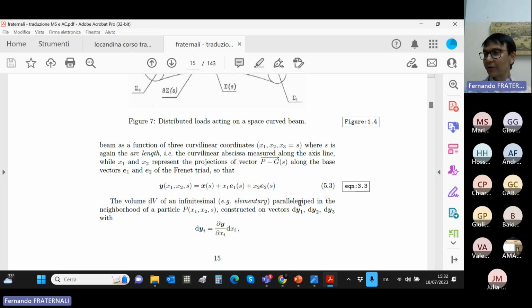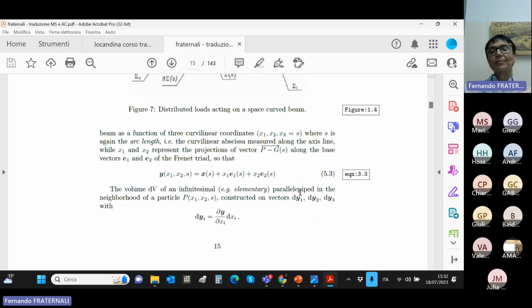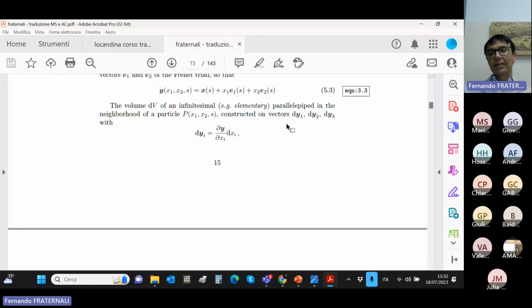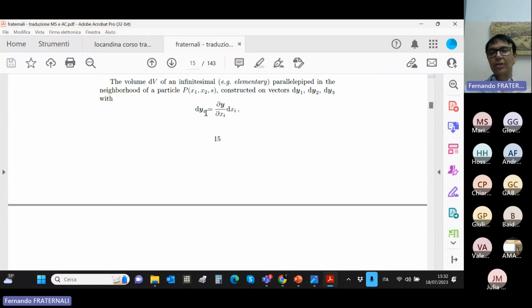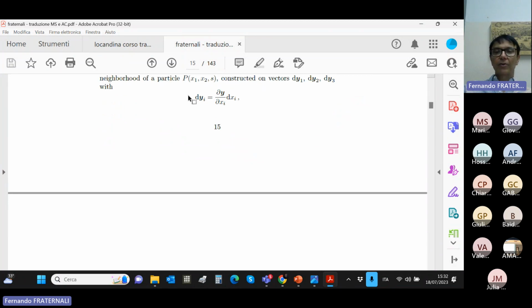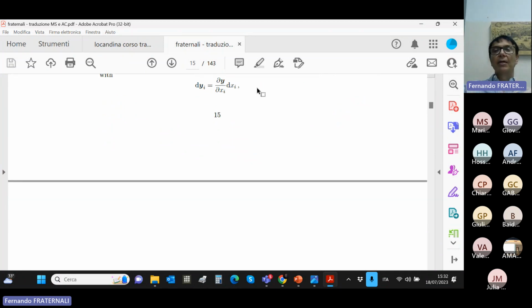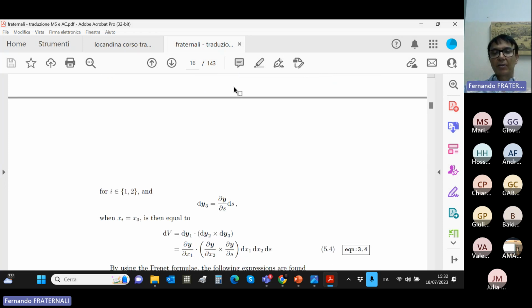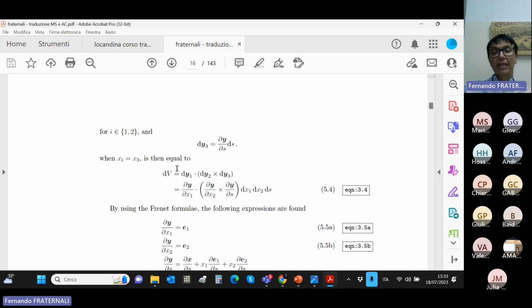It's just given, if you use Cartesian coordinates, by x1 times x2 times x3. But this is not true in the curved beam because we have a curved geometry. By introducing the differentials of the position vector y of a generic point of the beam with respect to x1, x2, and x3, we can compute the infinitesimal volume through the mixed product of the three derivatives of y with respect to x1, x2, and x3.